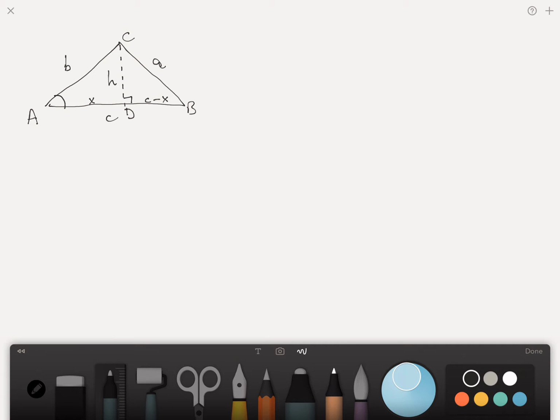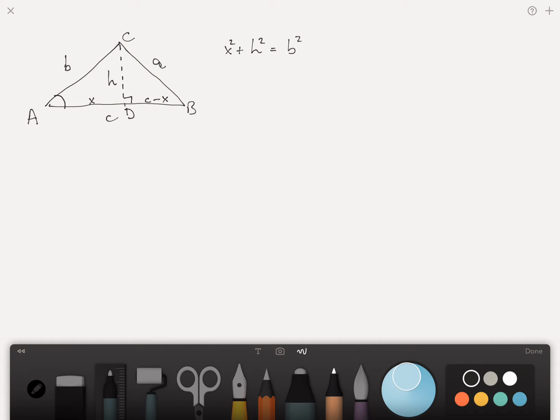On the triangle on the left, A, D, C, the sides are x and h, and the hypotenuse is b, and the Pythagorean theorem says that x squared plus h squared is b squared. So there's one little piece of information.